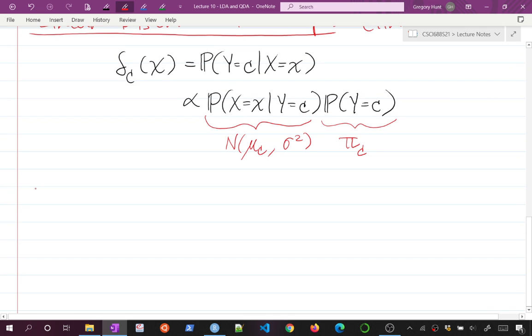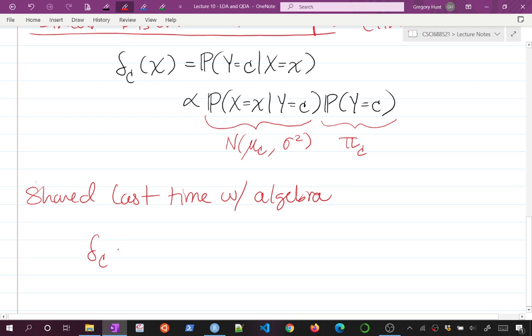And what we had shown with algebra is that we can write this discriminant function, which is actually linear in x.